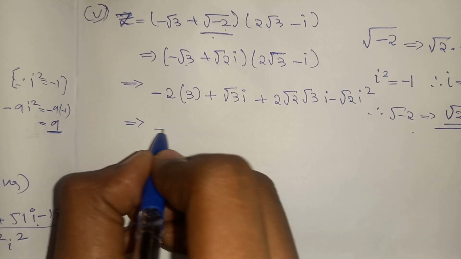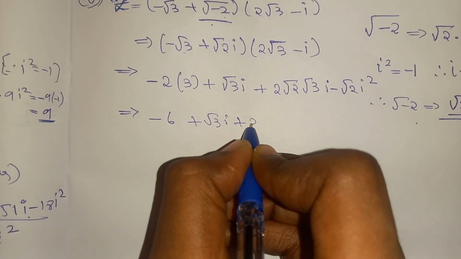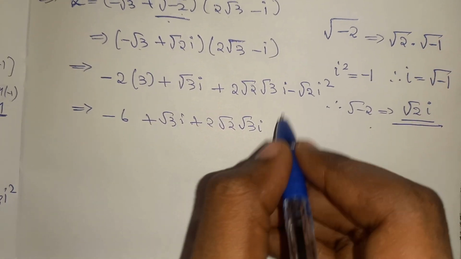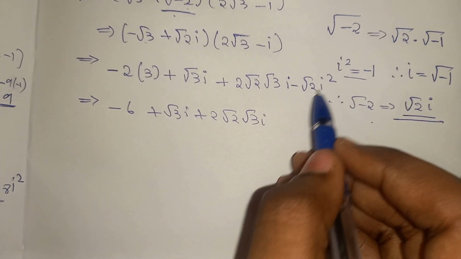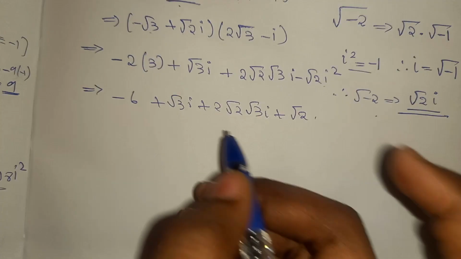Now this is equals to minus 6 plus root 3 i plus 2 root 2 root 3 i as it is, right? This will become, since i square is equals to minus 1, we'll get it as plus root 2.